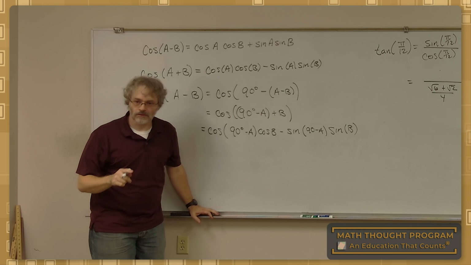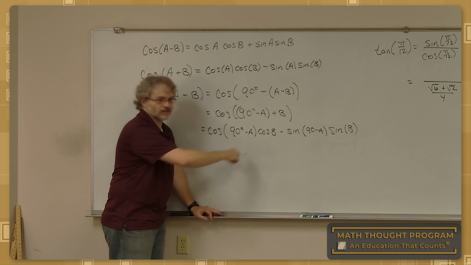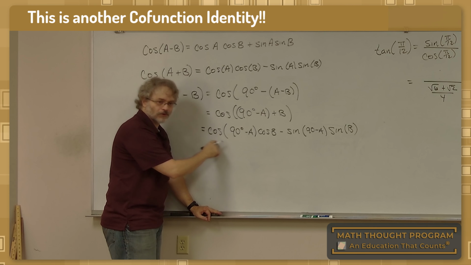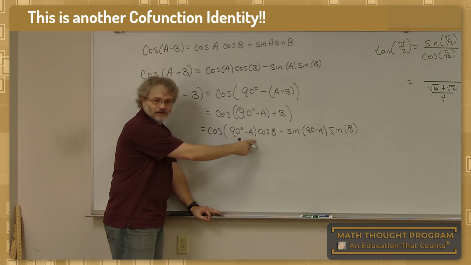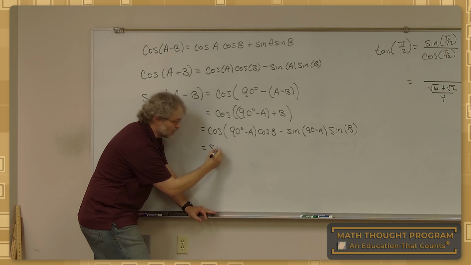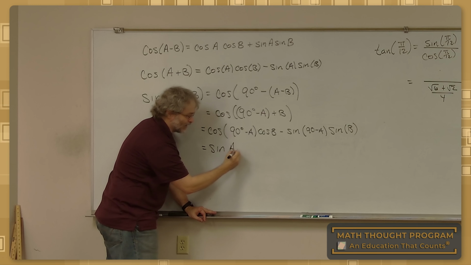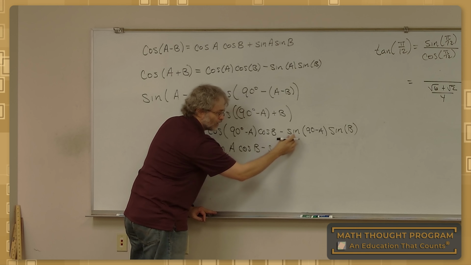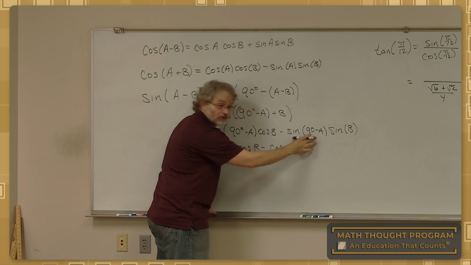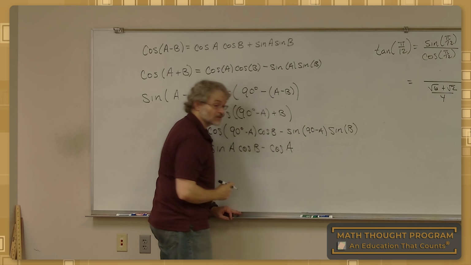But guys, what's this? Is that not also a cofunction identity? Smack dab right before us. This is going to be nothing more than sine of A. And this right here, the sine, that's also another cofunction identity. That's cosine of A.